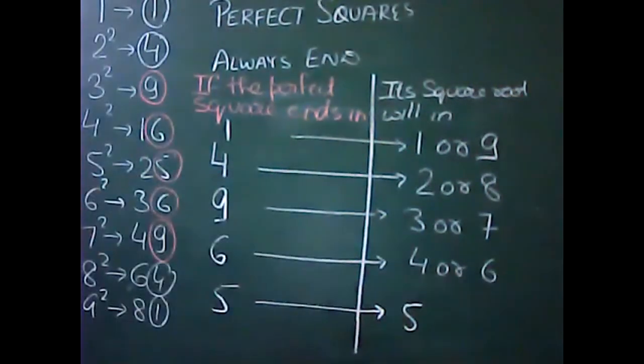Correct. If the perfect square ends in 6: 4 and 6. Correct. If the perfect square ends in 1: 9 or 1. Correct. Very nice. So now we can move to the technique of finding the square roots.